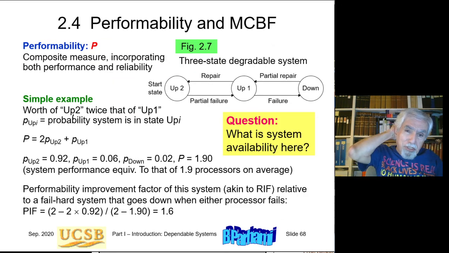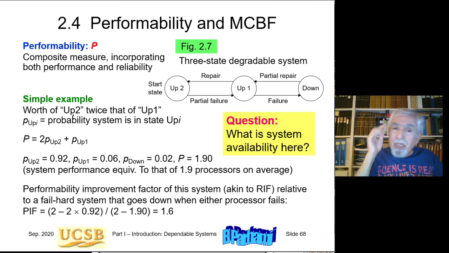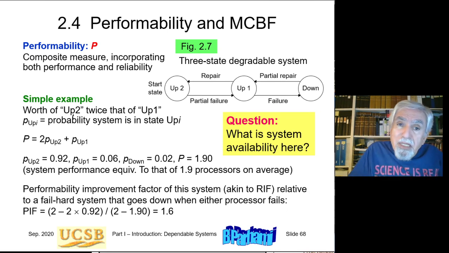The third measure, now these measures that I'm going to define are not as commonly used as reliability and availability. This one is known as performability. So what does this mean? This applies to systems that do not fail abruptly.